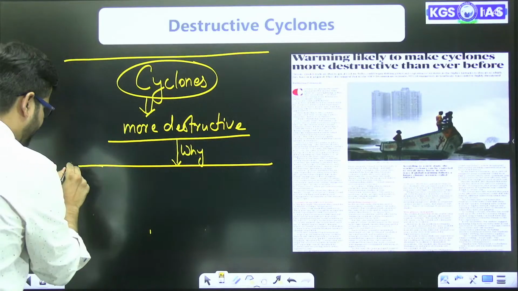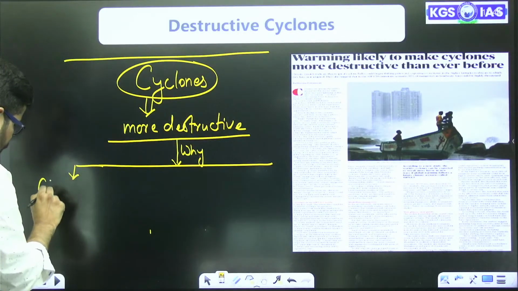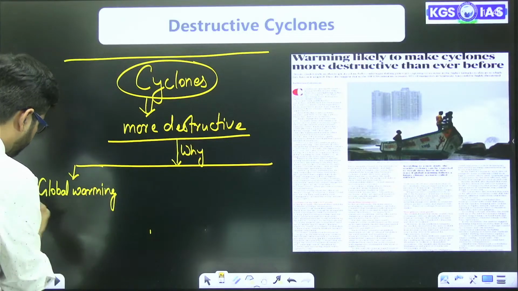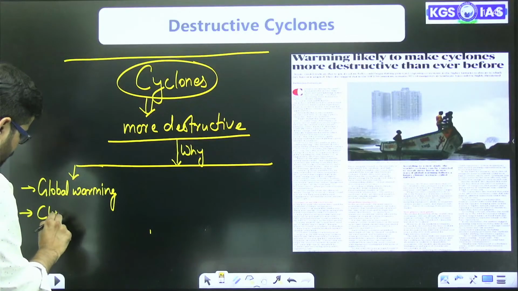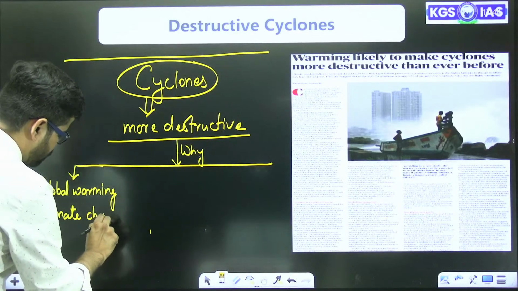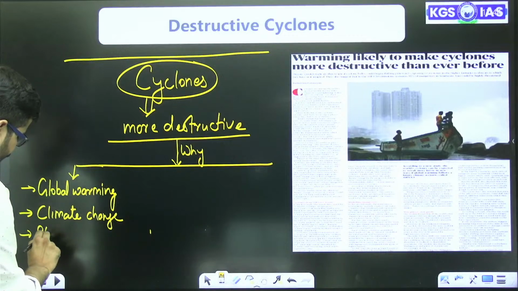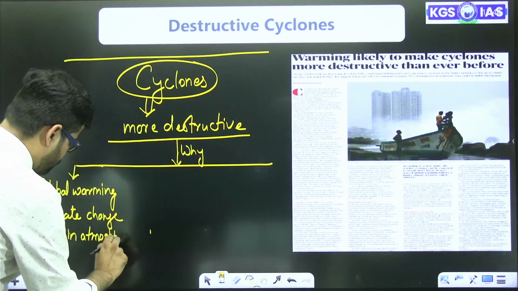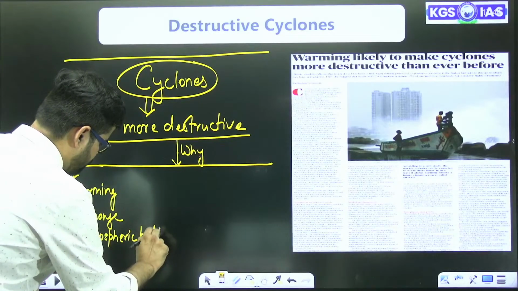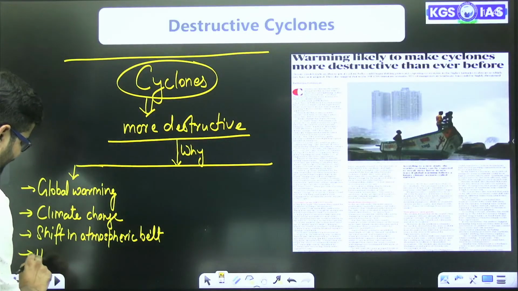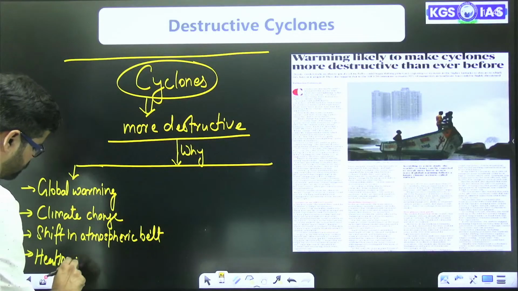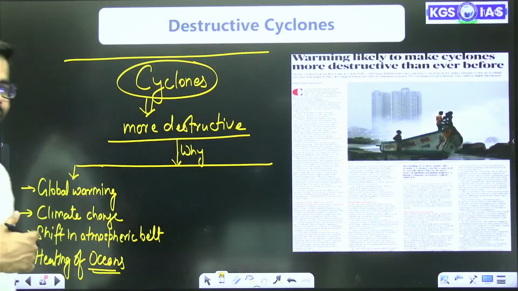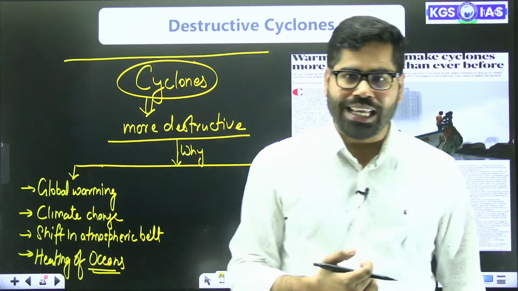The first factor, which you all know, is global warming, climate change, shift in atmospheric pressure belt, and heating of oceans. So we know that global warming is one of the factors, climate change is a factor.